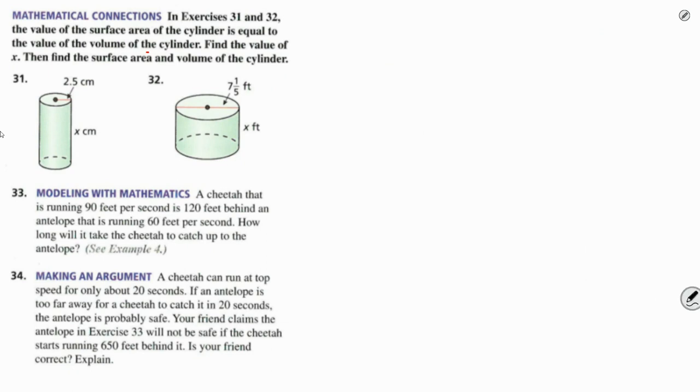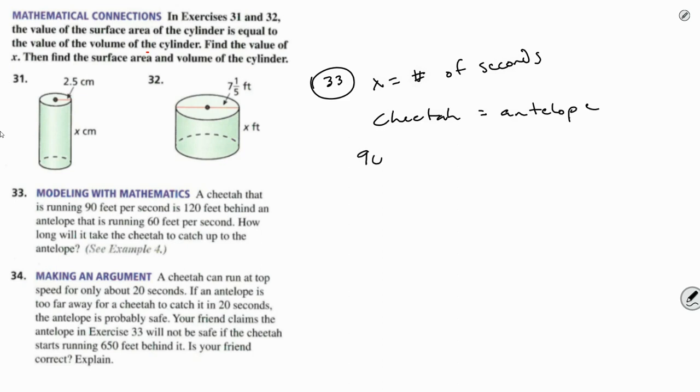A cheetah that is running 90 feet per second is 120 feet behind an antelope that is running 60 feet per second. How long will it take the cheetah to catch up? So in 33 here, we don't know the number of seconds that it's going to be running. We want to have the cheetah equal to the antelope. So we know the cheetah is running 90 feet per second.